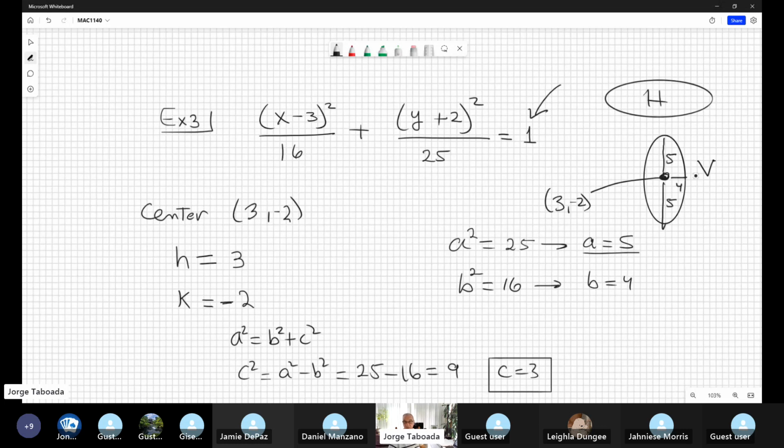That distance is 4, that distance is 4. And the focus is from the center, that distance is 3, and that distance is 3. You can determine any point by addition or subtraction. But we are doing it using the script that I sent to you when the class is over.